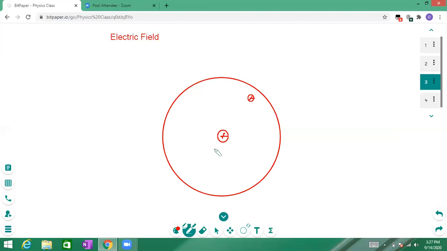Now you see this charge at the center. It is creating a region around it. So what will happen in this region? If another charge enters into this region, it will feel the force due to this charge.